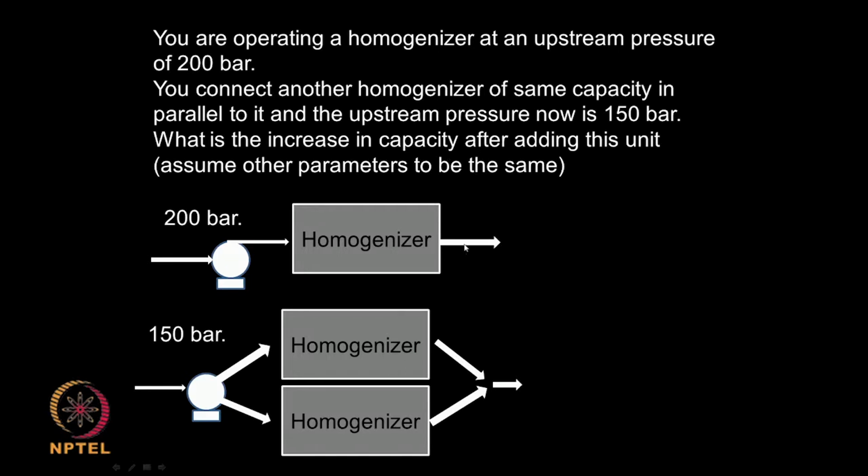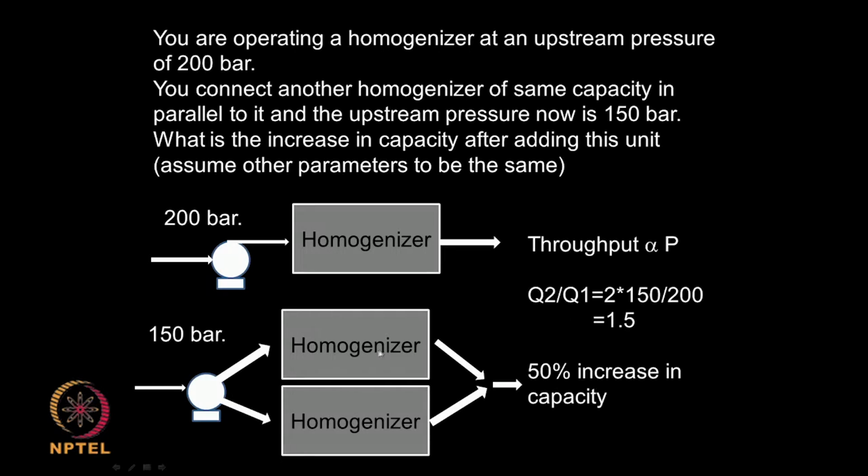Is it going to be 2 times? It will not be 2 times because your pressure has come down, and we all know that the capacity is proportional to pressure. So, the pressure has come down from 200 to 150, that means 25% less, but you have added 2 homogenizers. So, it will be 2 times for 50%.